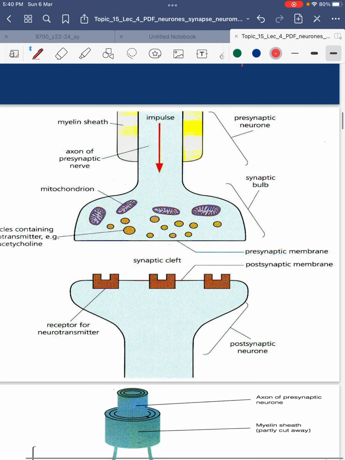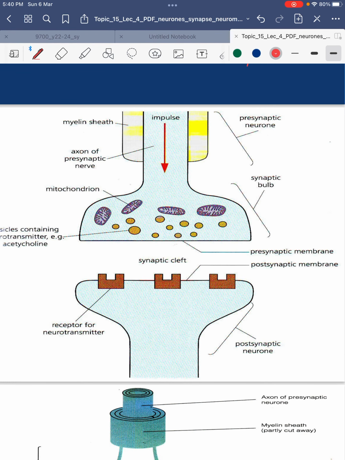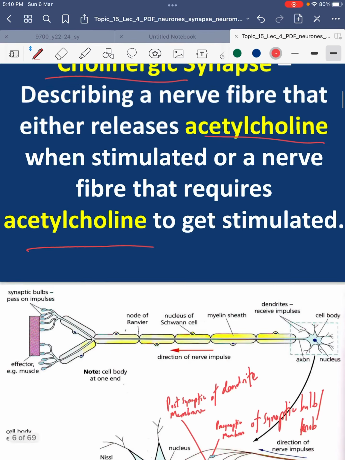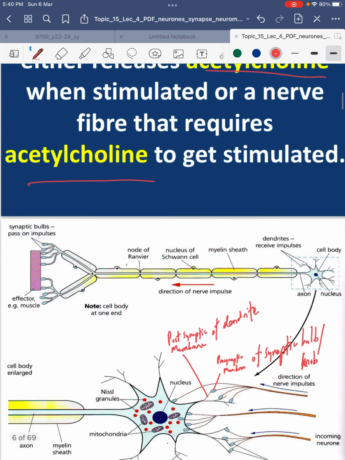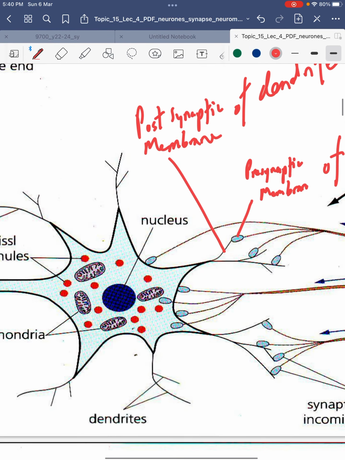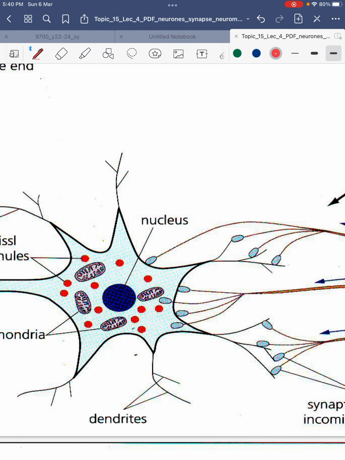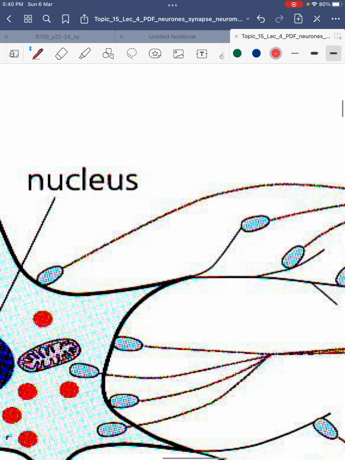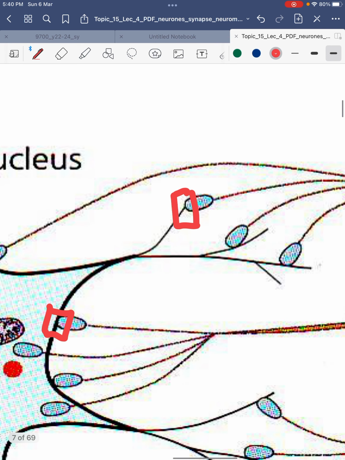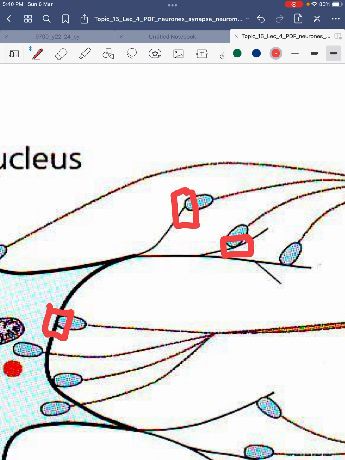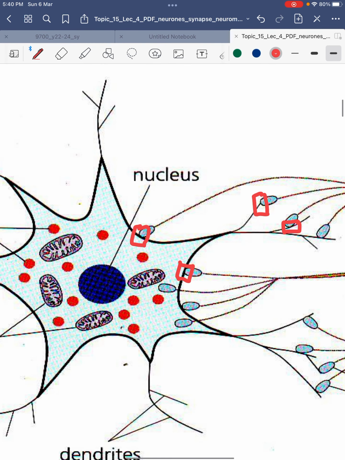So what you see here is actually this one here. So let me just enlarge this particular area here. Or it can also be this area here, or this area here, or this area here.